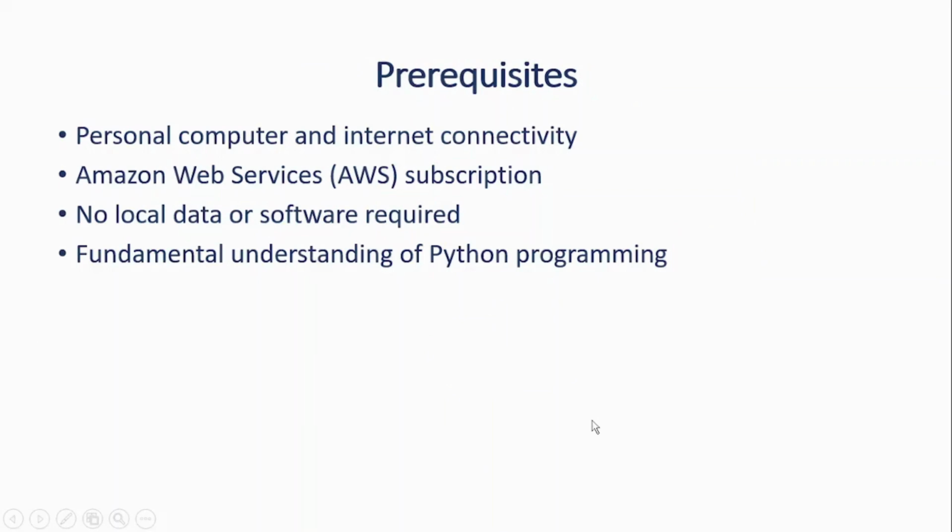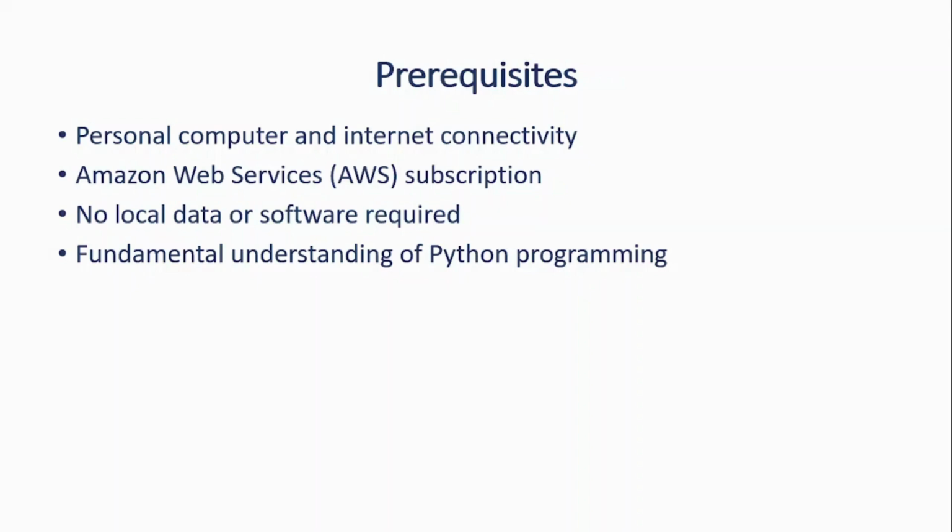So let's look into the prerequisites for this project. The first one is that you need a personal computer and a stable internet connection. The second thing is that you need an Amazon account, the AWS account where we're going to perform this project.